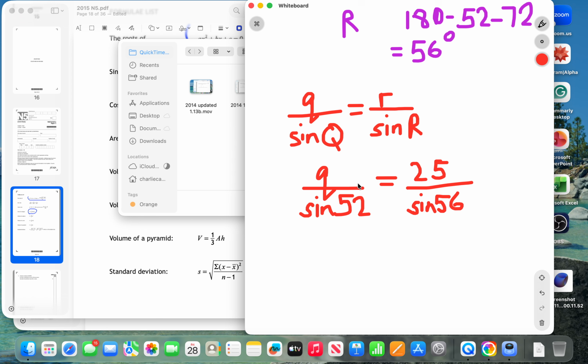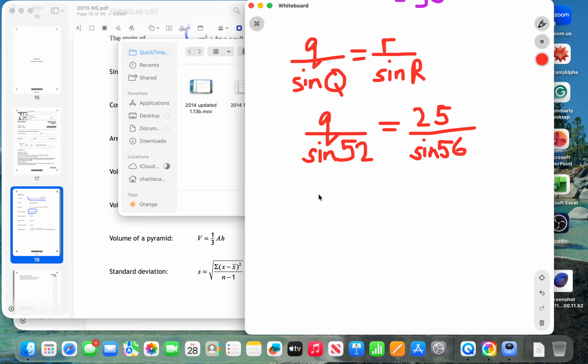But if we multiply the left hand side by the sine of 52, we also have to do that to the right hand side. So that's going to be q equals 25 sine of 52 divided by the sine of 56.